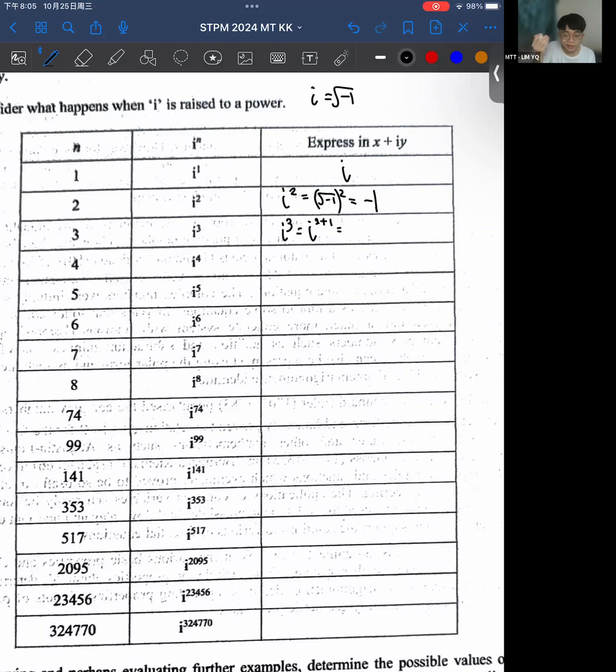With the index rule, i square multiplied by i, i square is -1, multiplied by i, so this is -i. The third one is -i. If you have done the simplest ones, you just check your answer. i power 4 is i to the 2 plus 2, so i square multiplied by i square, -1 multiplied by -1, you get +1.